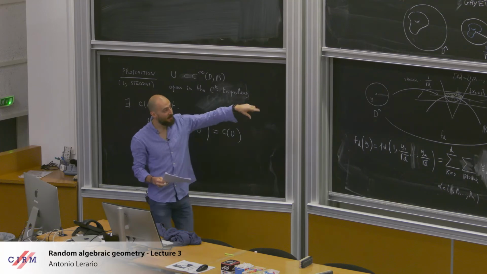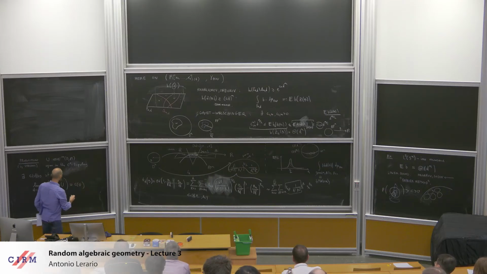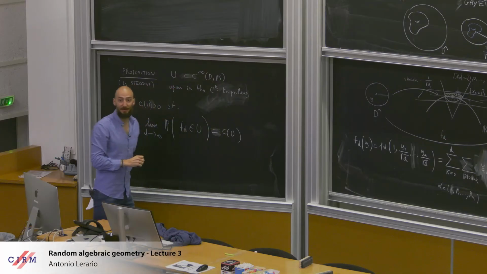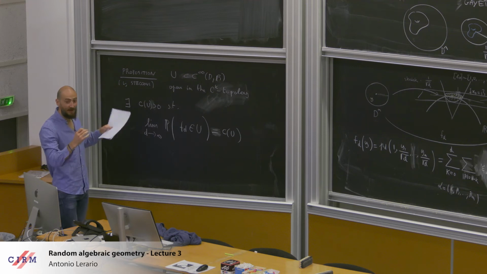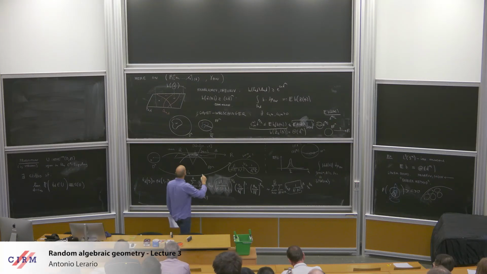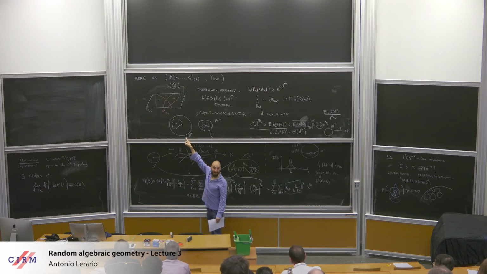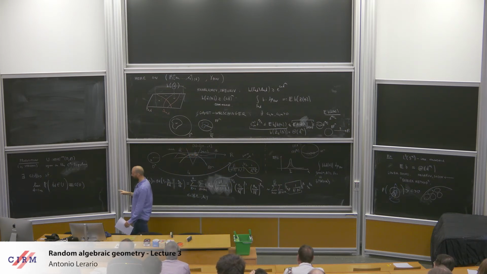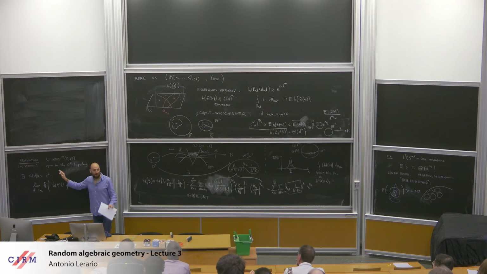So this argument, the barrier method, would prove something like it's larger, okay? But actually, you can prove there is a limit distribution. So in this picture, there is a limit distribution. That really means, for instance, that the probability of seeing that zero set has a limit when d goes to infinity. And by the way, it coincides with the probability that what is called the real Bargmann-Fock field has this behavior.